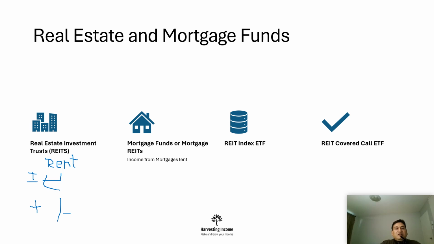And the fund generates income from mortgages. So that's why it says income from mortgages lent. And that income is getting distributed to the investors. So again, this is more like an income fund. So your principal or the original investment is going to stay more or less stable, or it can move slightly up or down, but it's going to be stable, but you're going to get more income.